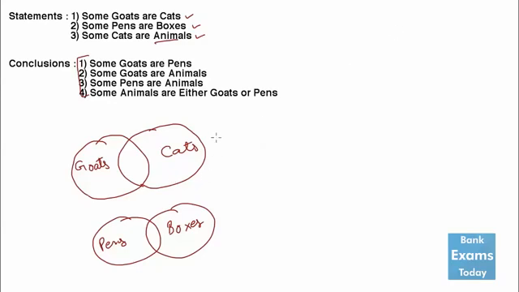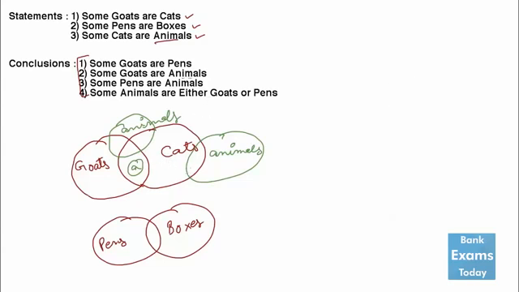Now we will draw all the possibilities for the animals. So some cats are animals. So it can be something like this for animals, or it can be like this for animals, or it can be like this again for animals. So there are these three possibilities.